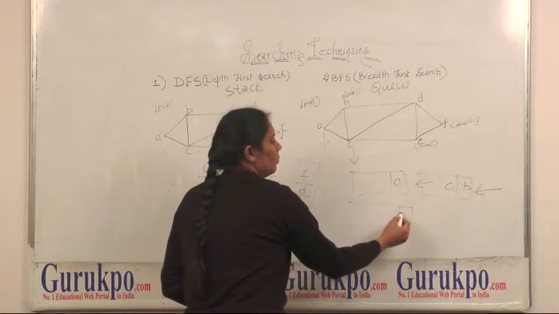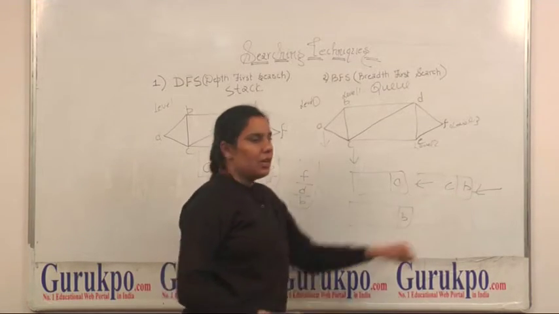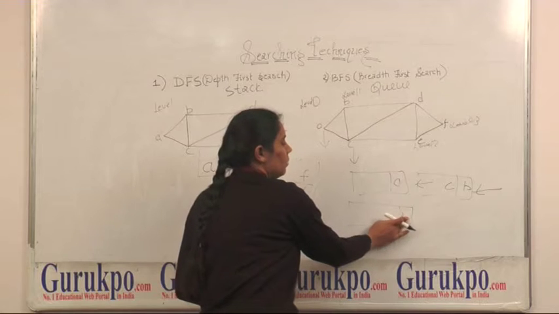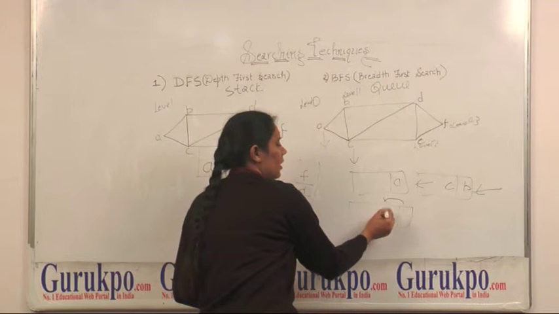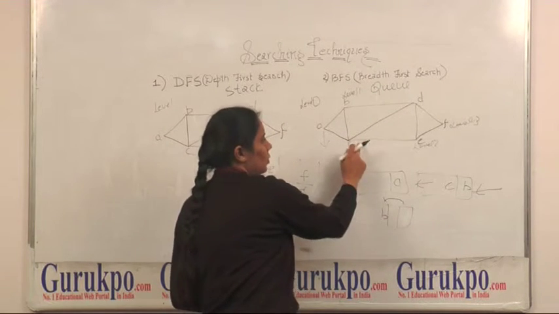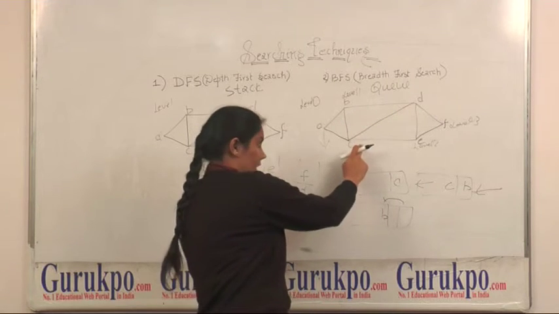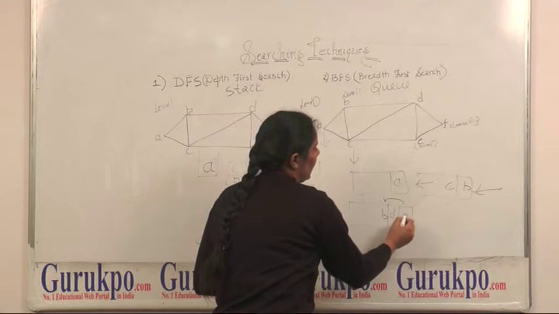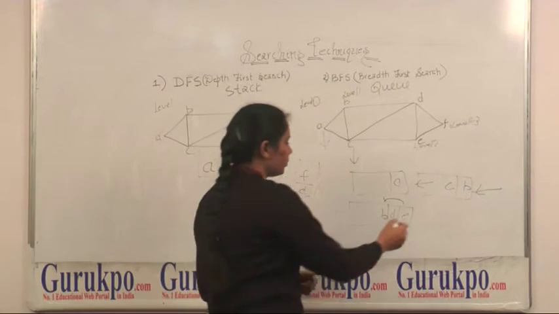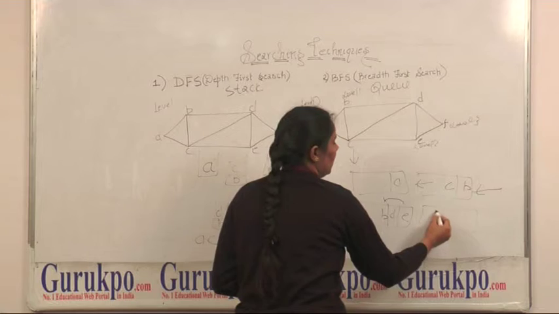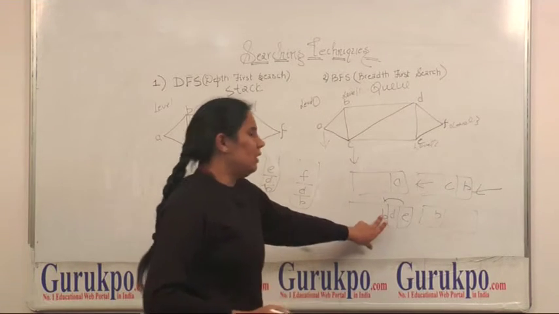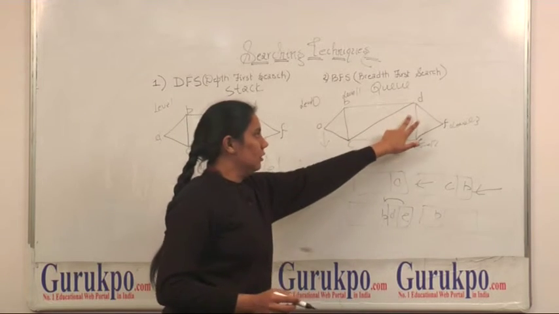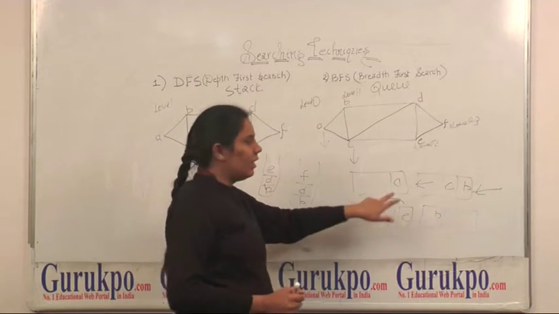Now, B will be removed and its connecting nodes will be written here. That is, B will shift to this side and its connecting nodes are D and E. After that, B is removed, and its connecting node is only D, which is already written here.